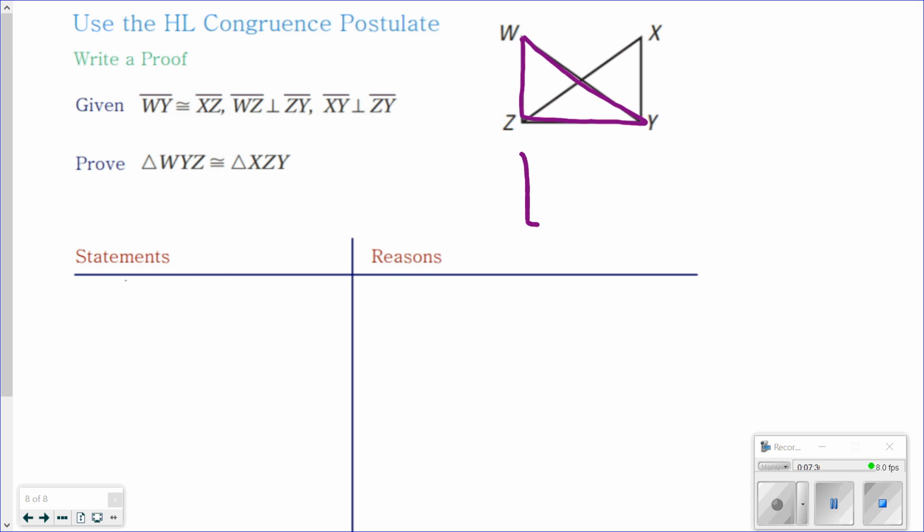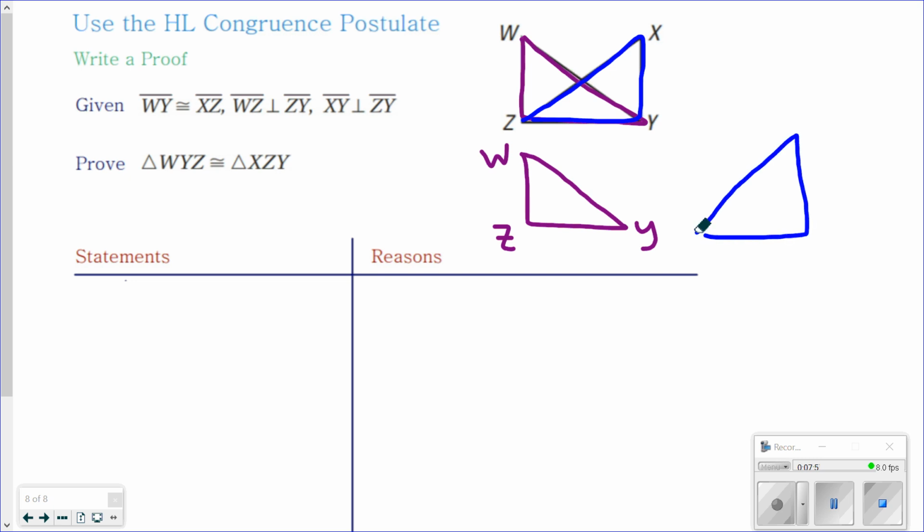So I'm going to draw a bad sketch of the triangle here, and this is W, Z, Y. And now I'm going to sketch out the other triangle in blue, and I'm going to sketch that out over here. And this is Z, Y, X.